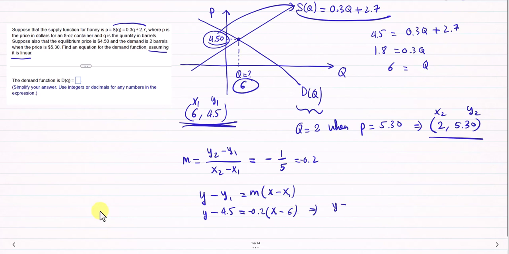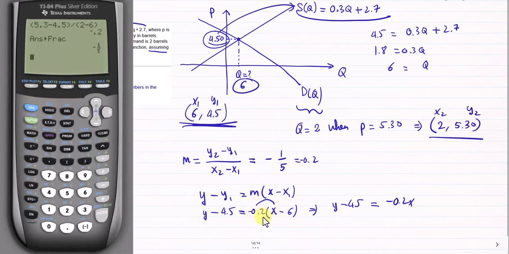So I'm going to solve for y. We'll make the distribution: minus 0.2x, and then we'll multiply minus by minus, and that will be a plus, but then you multiply by 6, so that will be minus 6 over 5.